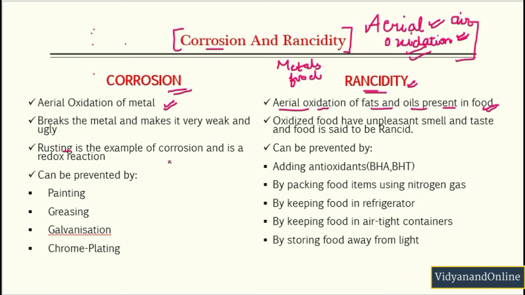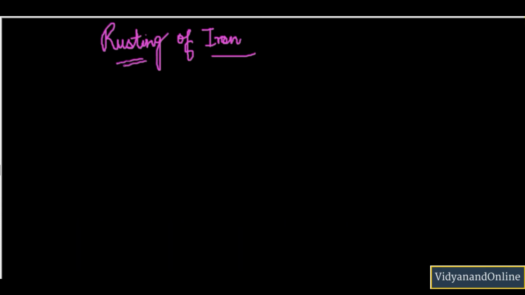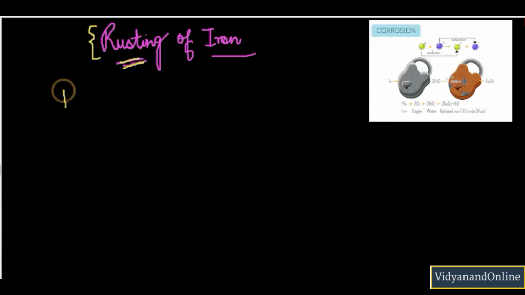Now with the help of an equation, I will be telling you about rusting, and also that rusting is a redox reaction. Let us understand one of the most common examples of corrosion, which is rusting. Basically corrosion of iron is called rusting. Now suppose you have pure iron here, and then it reacts with the oxygen present in the air along with water molecules.